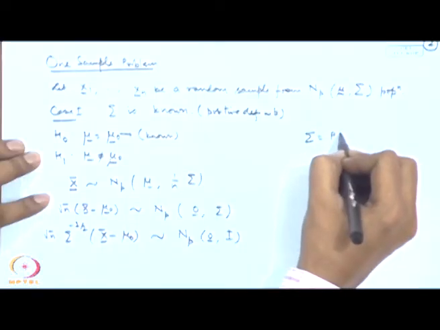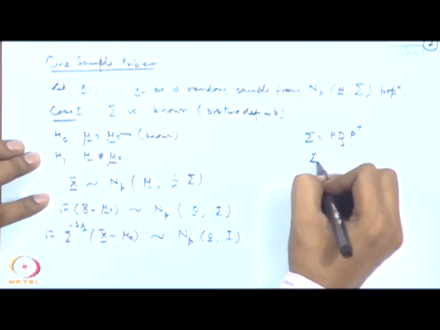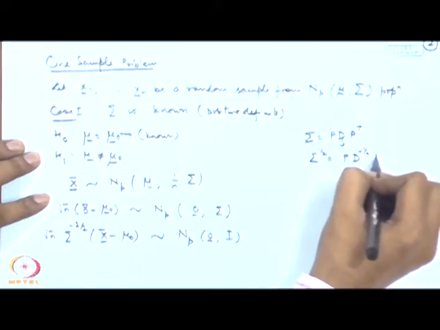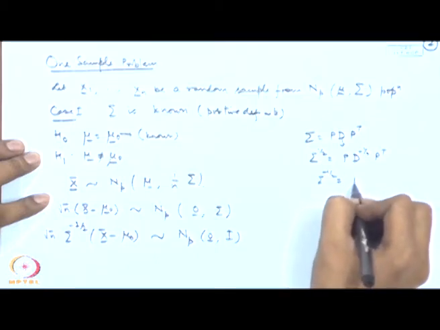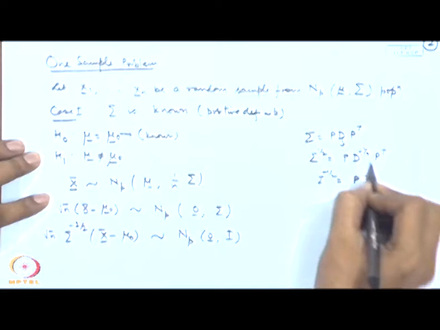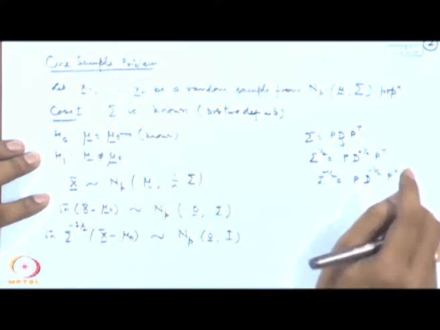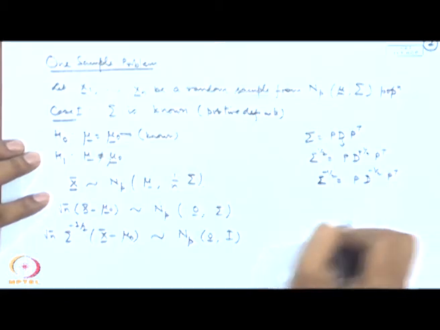That means we consider the spectral decomposition of sigma as P D P transpose, where D is a diagonal matrix, and then sigma to the power half is P D to the power half P transpose, and sigma to the power minus half can again be obtained as P D to the power minus half P transpose, etcetera. So, all these things can be determined for a positive definite matrix.